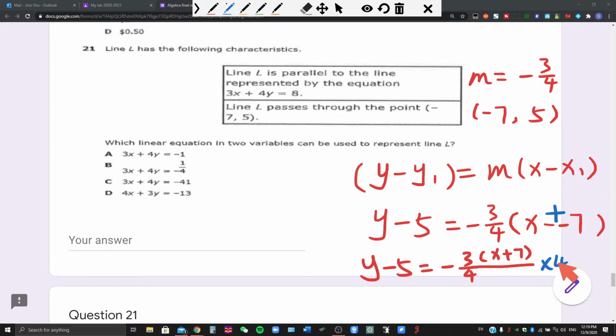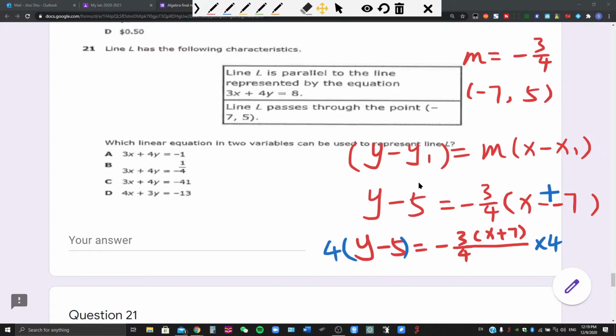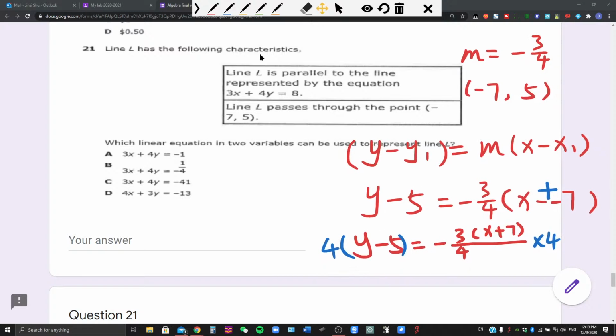And remember, when you do this on one side, you're gonna do the same thing on the other side. So let's multiply. When you multiply, the divide by 4 and multiply by 4 will cancel. So you will have just negative 3 multiply x plus 7.